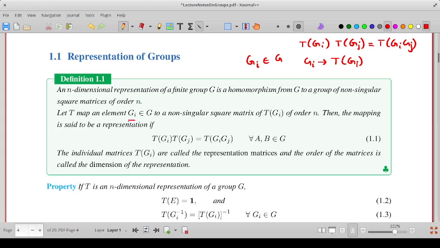That means for every element Gi of the group, there is a non-singular square matrix Tgi of order n, and it satisfies this condition: Tgi times Tgj equals T of GiGj for all Gi and Gj of the group G.